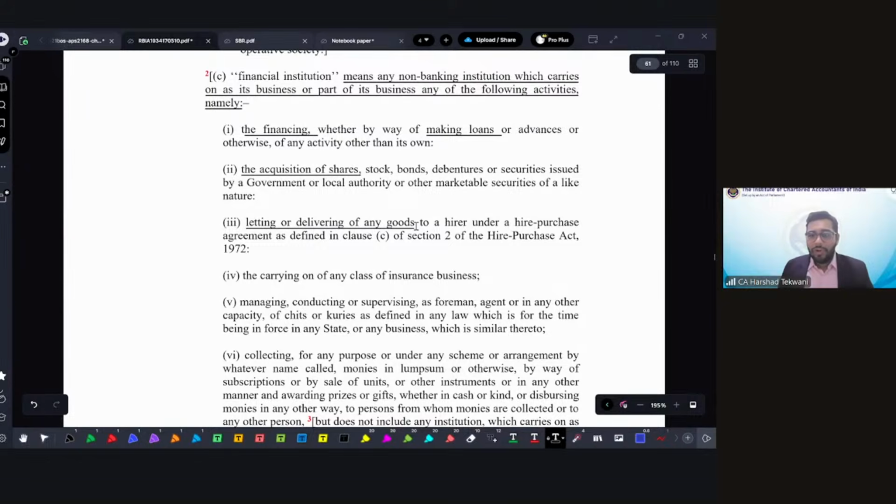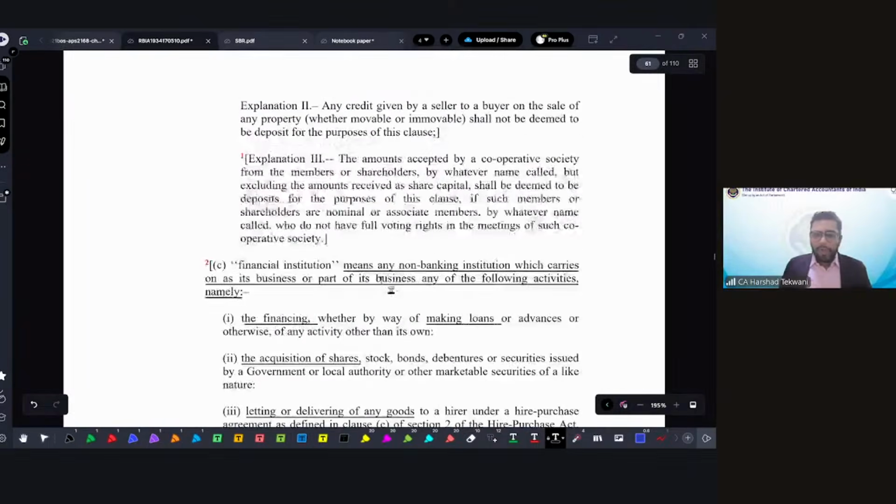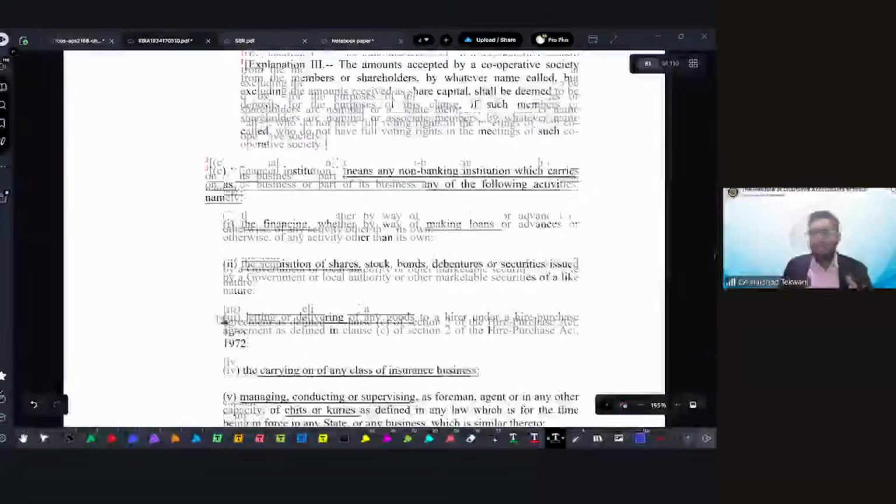Letting or delivering any goods on hire purchase, carrying on any class of insurance business, managing, conducting, supervising chit funds and kuris, and collecting monies in lump sums and disbursing them as awards, something like that. A business where you are collecting a lump sum amount and giving a lump sum amount. So if you do any of the following things, you are doing the business of a financial institution.